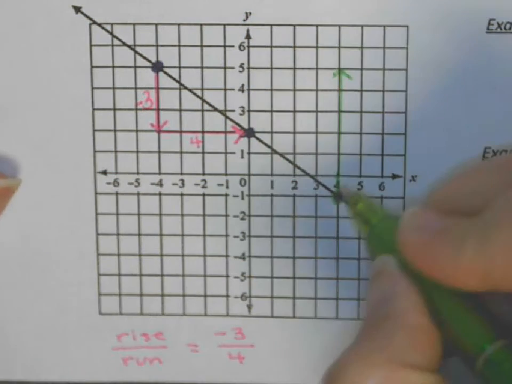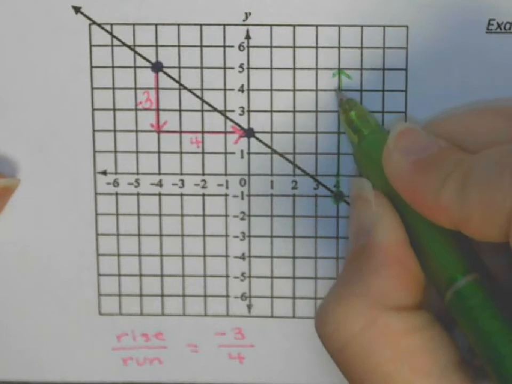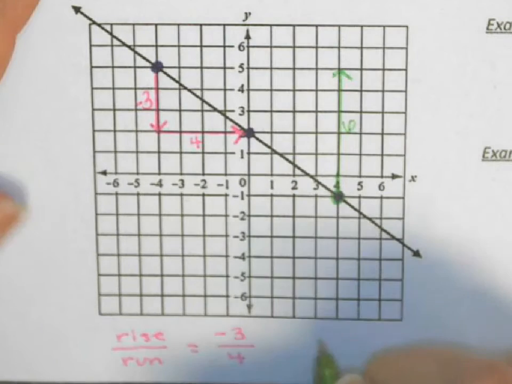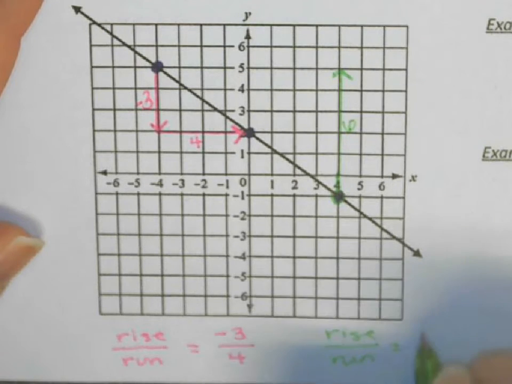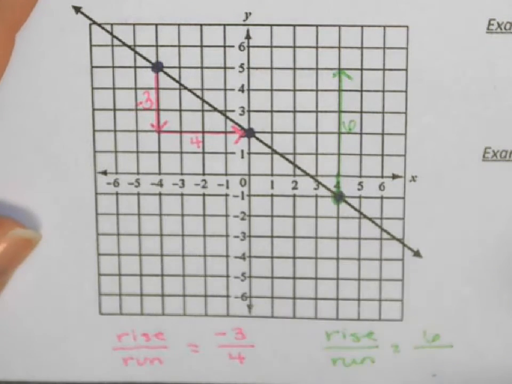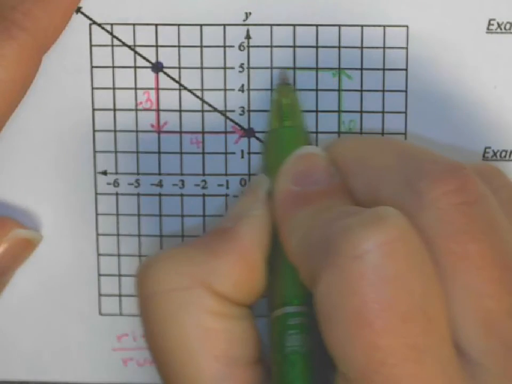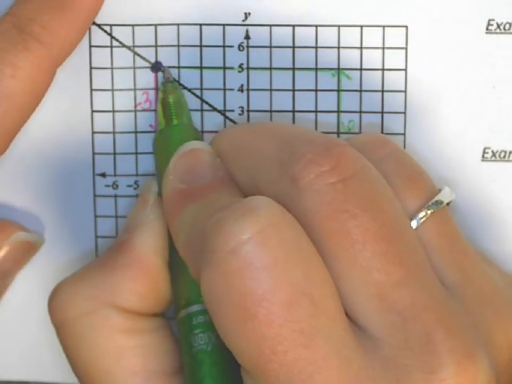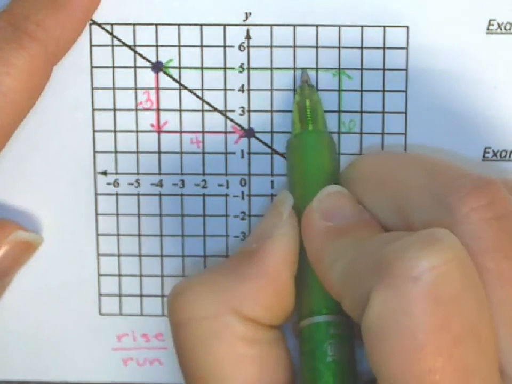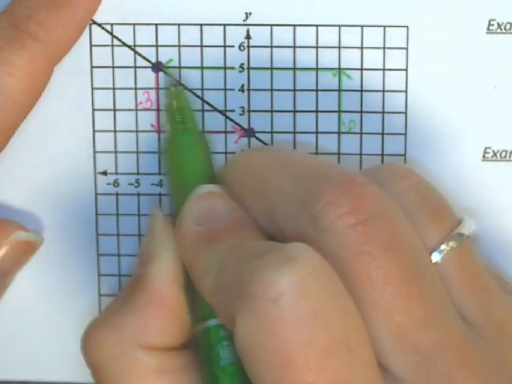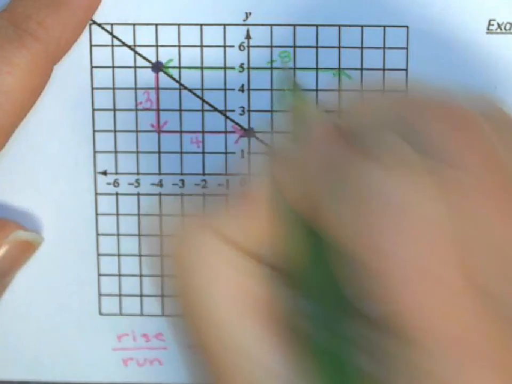So I went up 1, 2, 3, 4, 5, 6. So my rise over my run is 6 over my run. When I move left on a graph, it's negative, and I have to figure out how far left did I go. 1, 2, 3, 4, 5, 6, 7, 8. So I have negative 8.